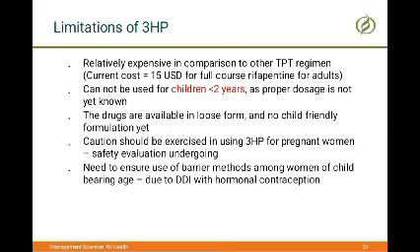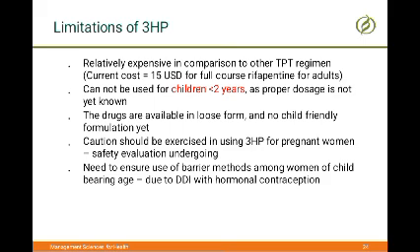Limitations of 3-HP. Relatively expensive in comparison to other TPT regimens. Current cost is 15 US dollars for a full course. Rifapentine for adults cannot be used for children less than 2 years as proper dosage is not yet known.